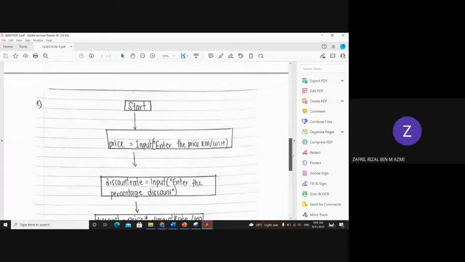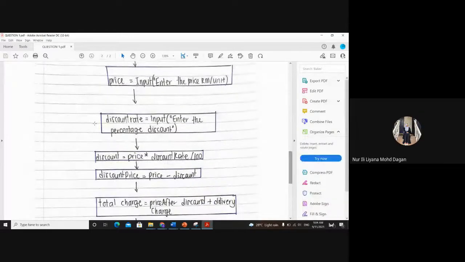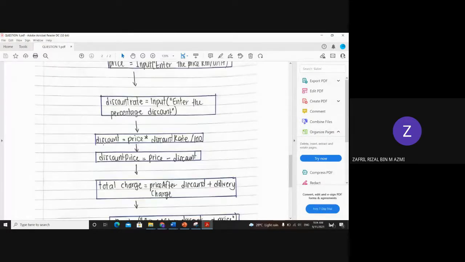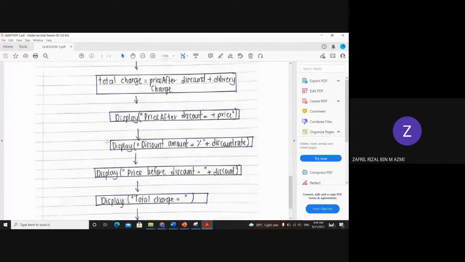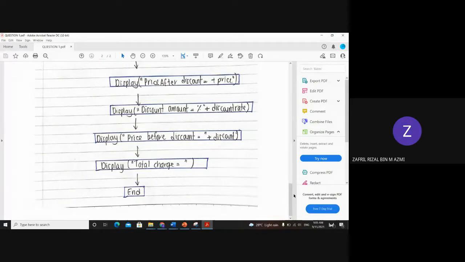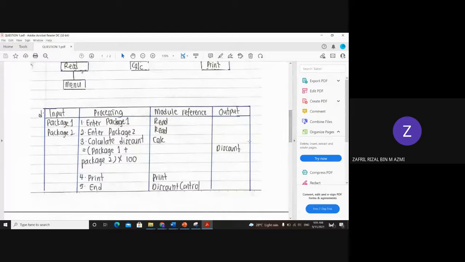Where's the condition? Decision. Input, decision. This is sequential. Display is not right. What is the symbol for display? Print, right? Parallelogram. The symbol is wrong. There is no decision here. This is wrong.